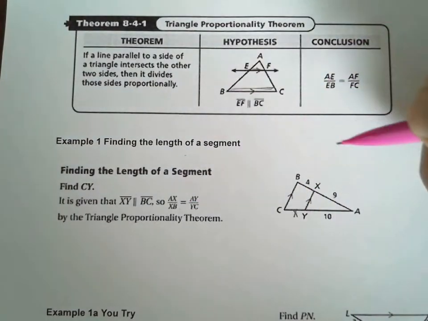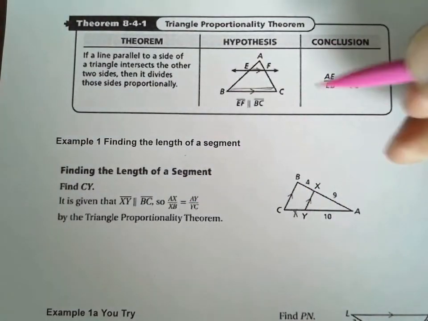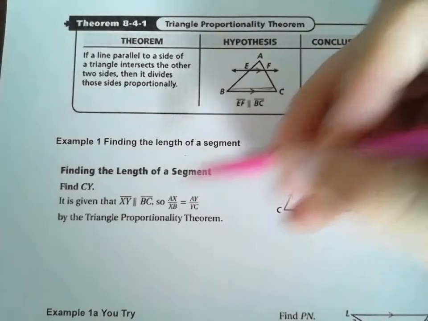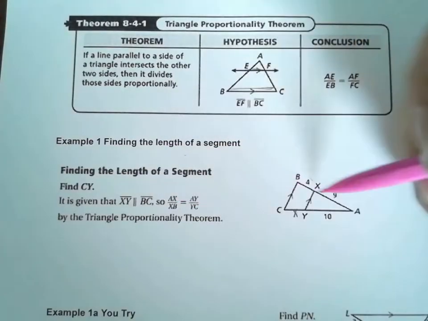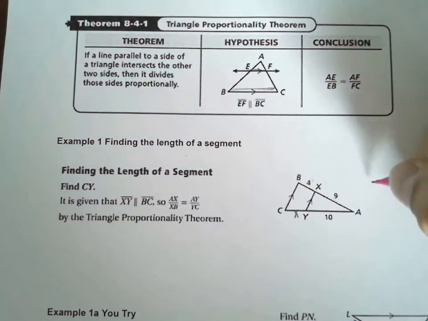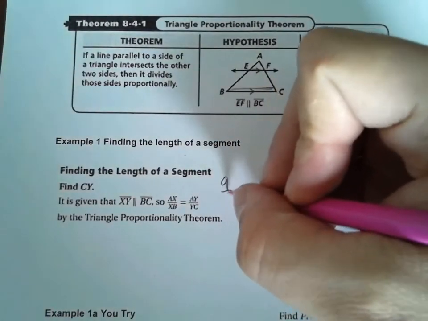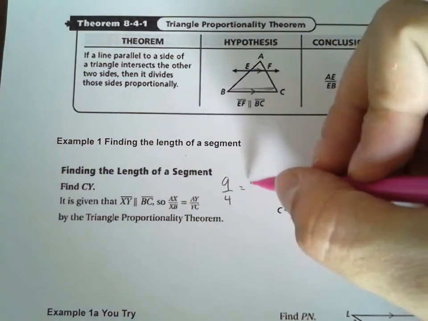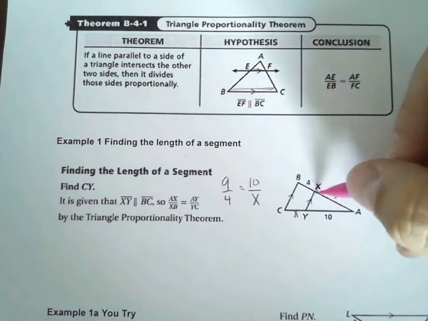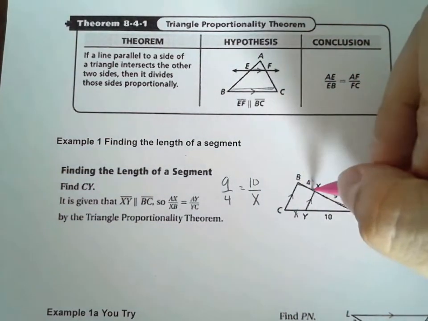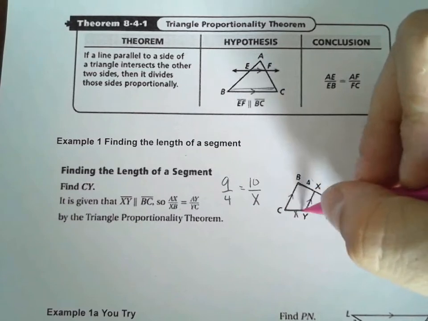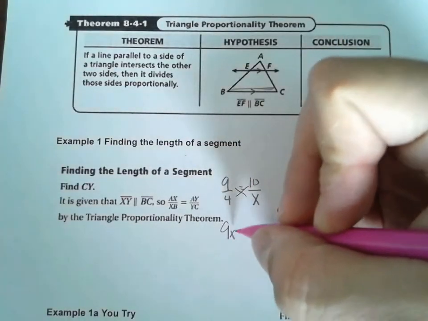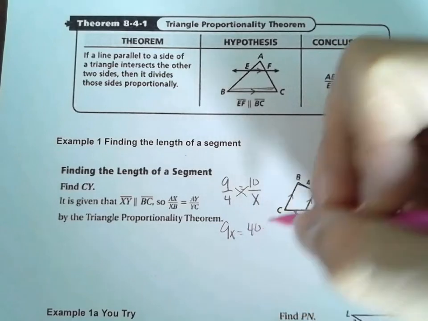Basically what this is saying is you could say 9 over 4, since it says AX over XB, is equal to AY, 10, over x. So this piece over this will be the same as this piece over this. So cross multiply. Get 9x equals 40.